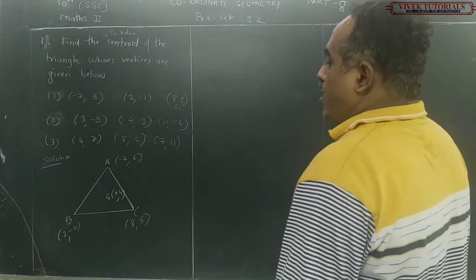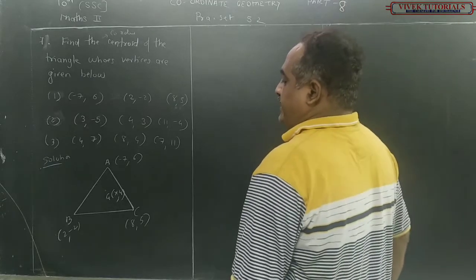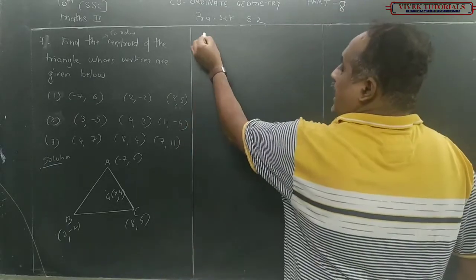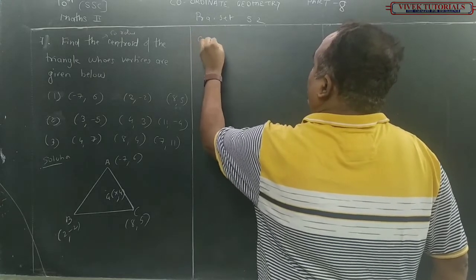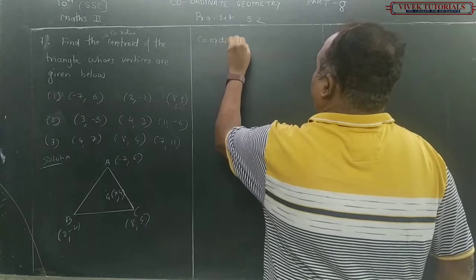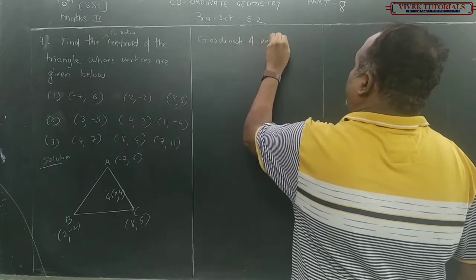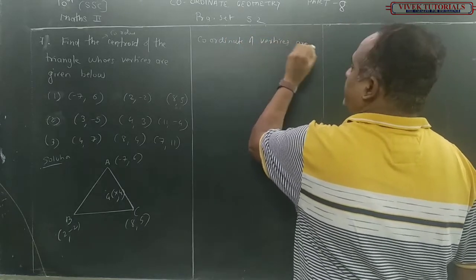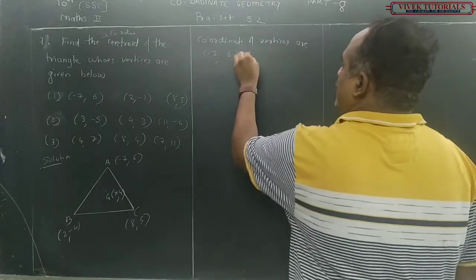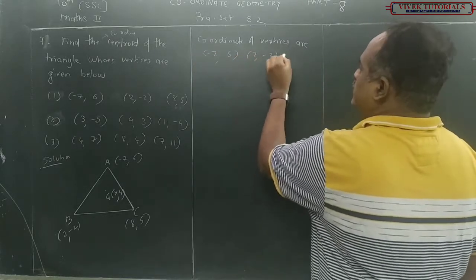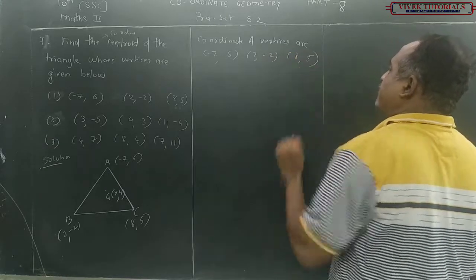So now the thing is, the coordinates of vertices are -7, 6, 2, -2 and 8, 5.